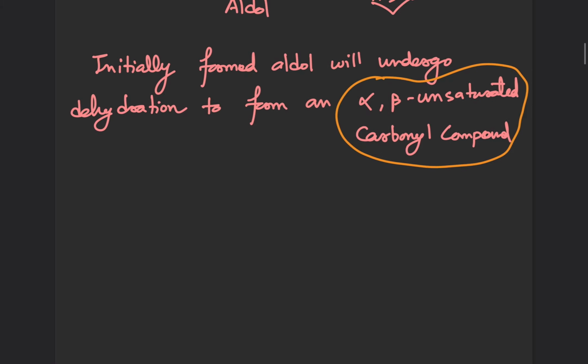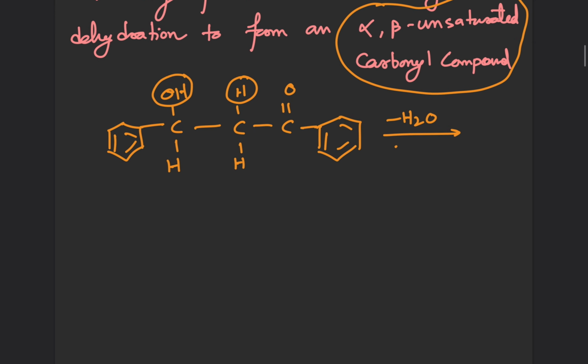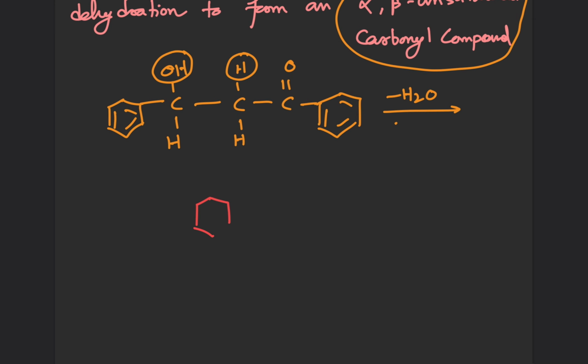So obviously drawing the aldol again, we'll have the benzene ring, C, OH and H, so separating the hydrogens to show the loss of a molecule of water, C double bond O, and this is our benzene ring. Okay, so this is the aldol that we get. OH from here and H from here goes out in the form of a water molecule, and therefore the final product that we are going to get will be benzene ring, CH.